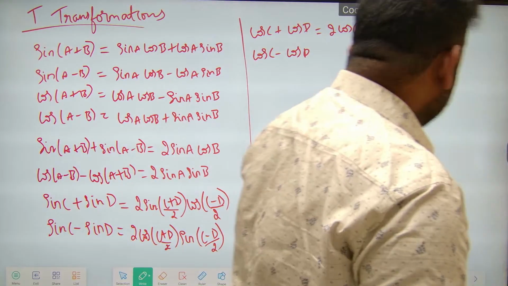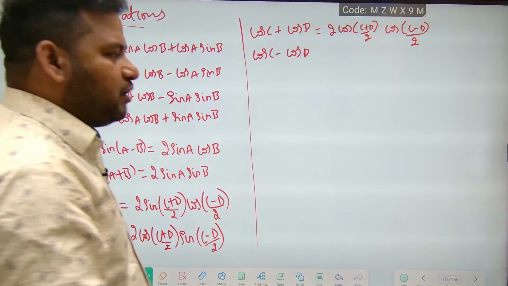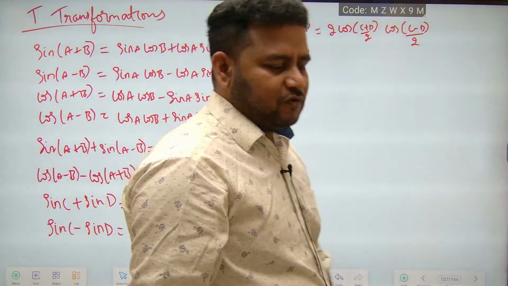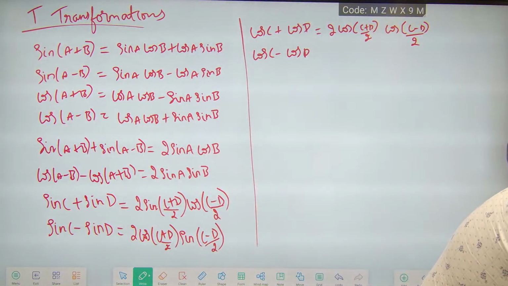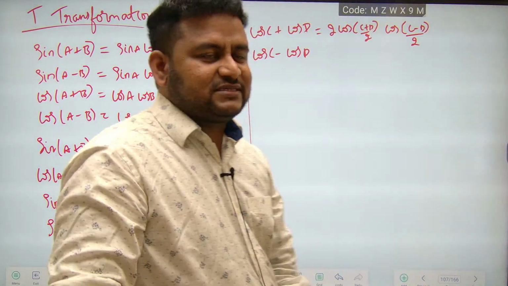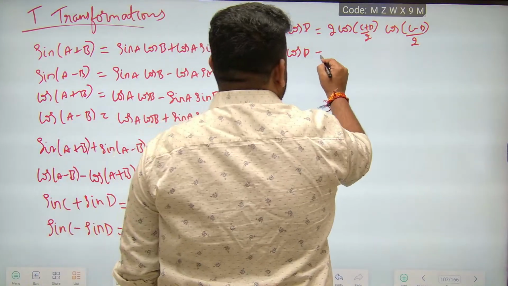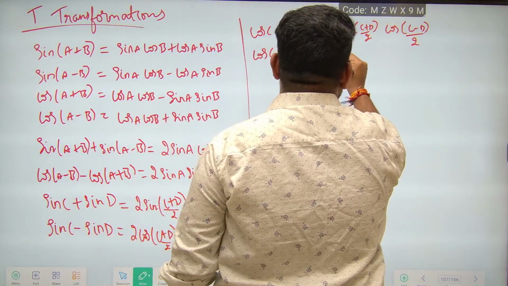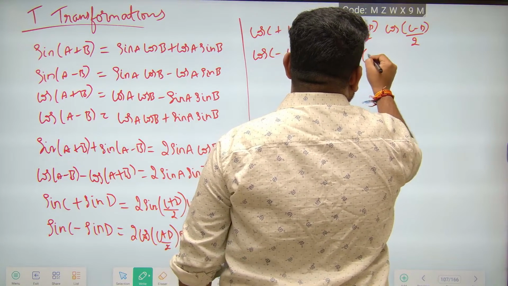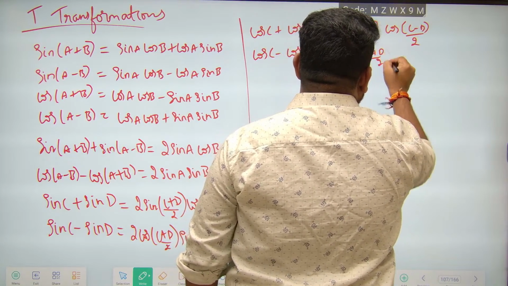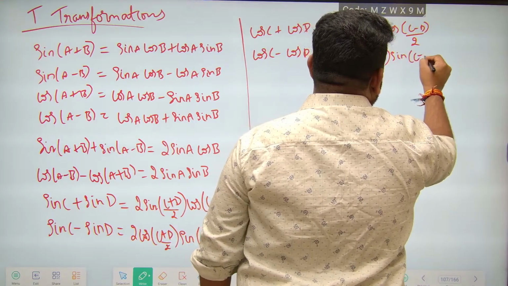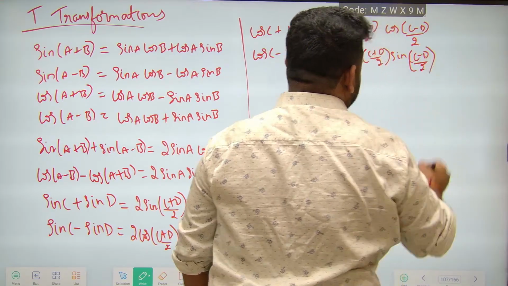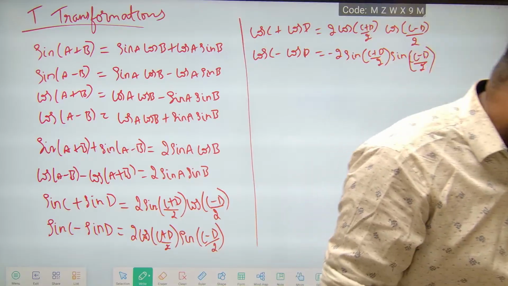Now, when we have cos C minus cos D, what is the formula? Think about it. Whenever minus comes, it will be sin. As you can observe here, it will become minus 2 sin (C plus D) by 2 into sin (C minus D) by 2. This is the formula when we have cos C minus cos D.